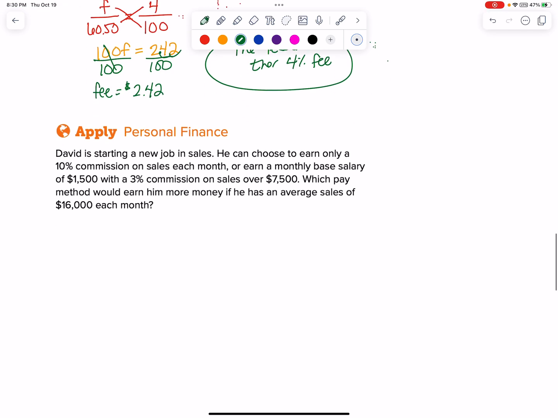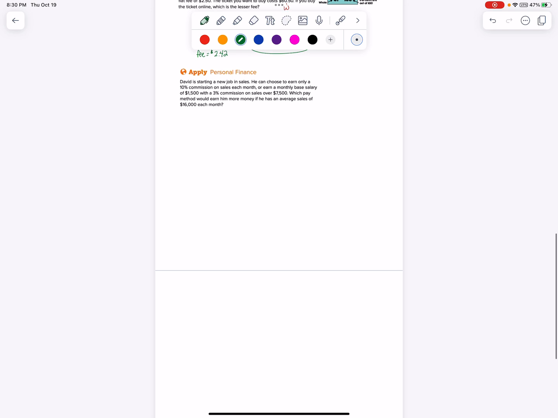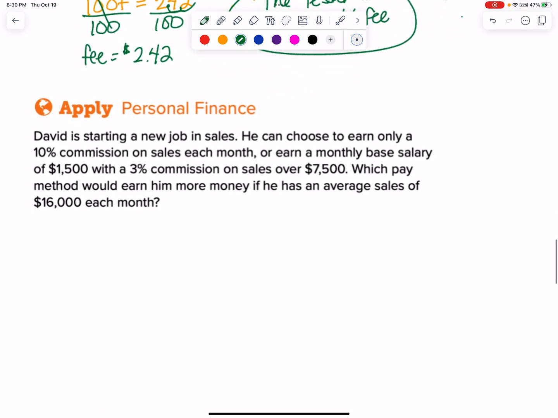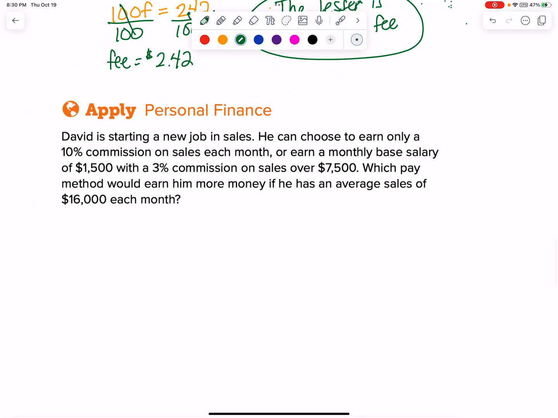All right, let's go ahead and apply. We know these are like double, triple, quadruple steps, so let's see what's going on here. I believe in you. You can figure it out. I'm saying that to myself too, hoping I can figure it out. David is starting a new job in sales.